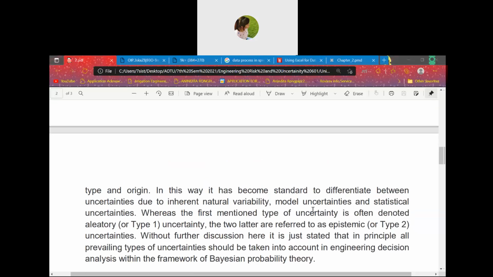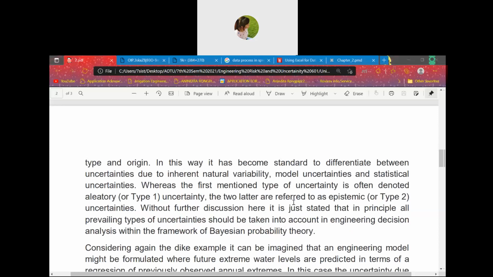In short, type 1 uncertainty and type 2 uncertainty. These uncertainties should be considered within the framework of Bayesian probability theory. So we have to apply Bayesian probability theory while making an engineering decision based on these three uncertainties. About Bayesian probability theory, we'll study in our upcoming units.